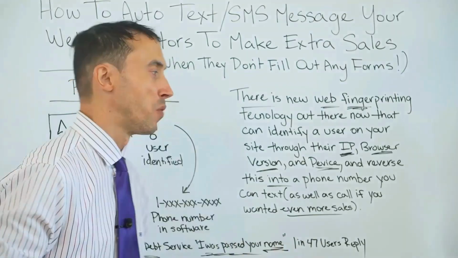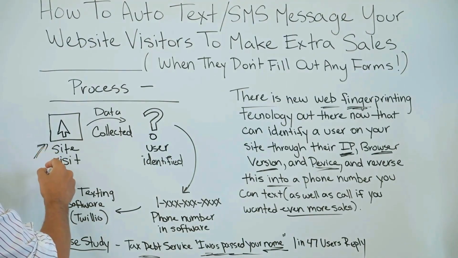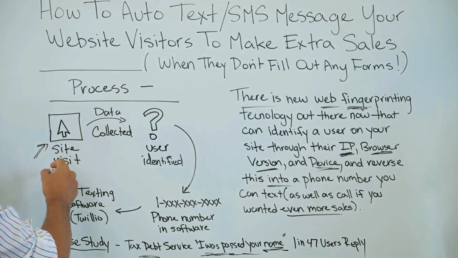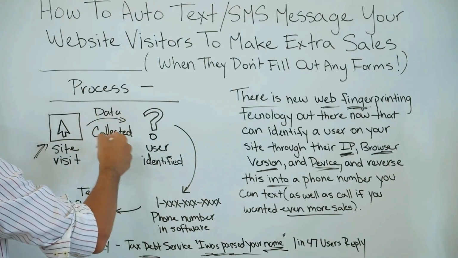But with that said, if you want to do this yourself, what you're going to end up doing is this: Audience Labs is placed on your site. Then data is collected about the user.